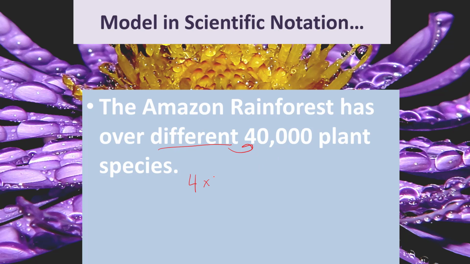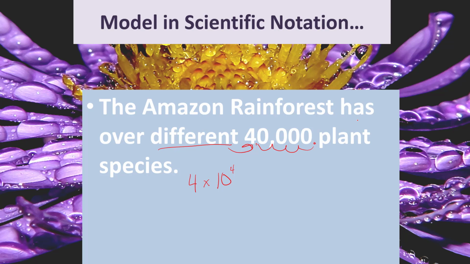We're going to multiply it by 10 raised to a particular value. Let's see, how many times do I have to move the decimal from here to here? That would be 1, 2, 3, 4 times. So 4 times 10 to the 4th power.